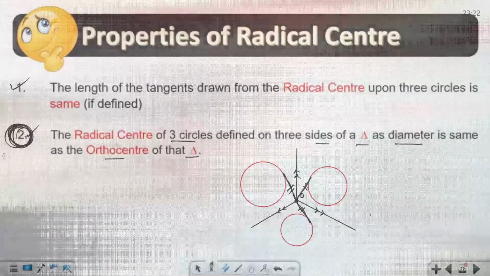Right? So what are the properties that we have learned? First property is that from the radical center, if we draw tangents to all of these three circles, the lengths of the tangents will be equal. This is my first property. And the second property states that if we take a triangle, let us say ABC, and on each side, taking that side as the diameter, we draw circles, we are going to have three circles.